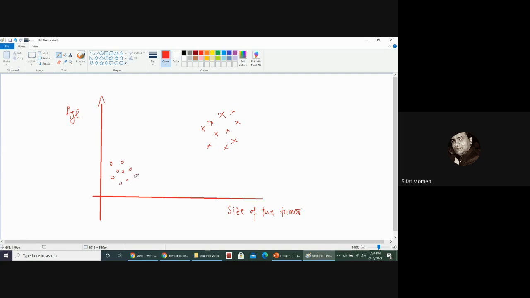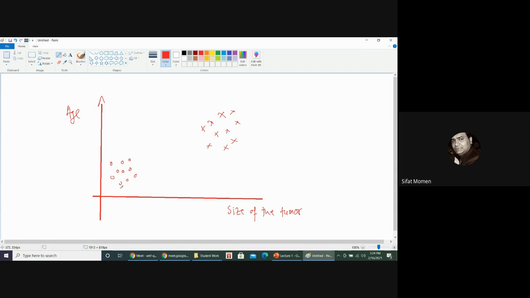So can you tell me, looking at this picture, how many instances do we have here? Instance means examples or samples in the data set. No, there are altogether 1, 2, 3, 4, 5, 6, 7, 8, 9, 10, 11, 12, 13, 14, 15, 16, 17, 18, 19, 20.